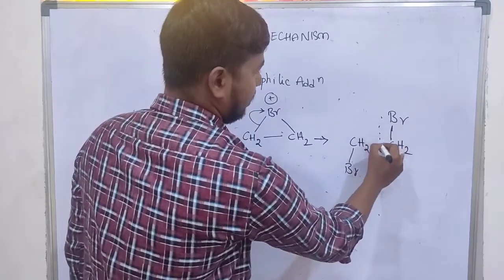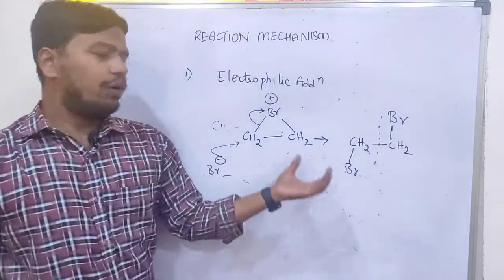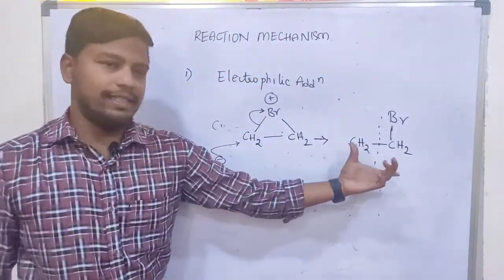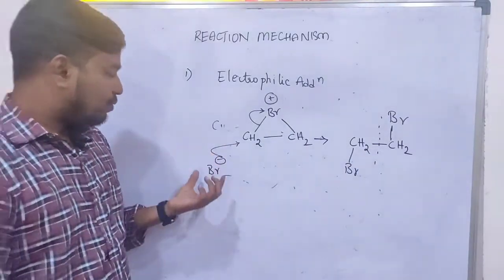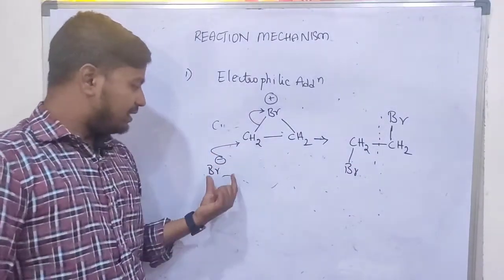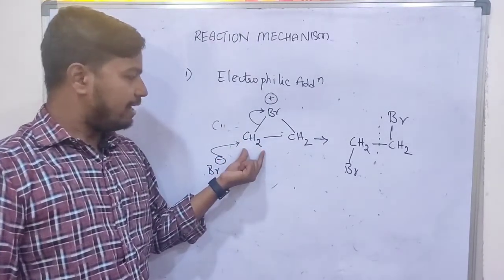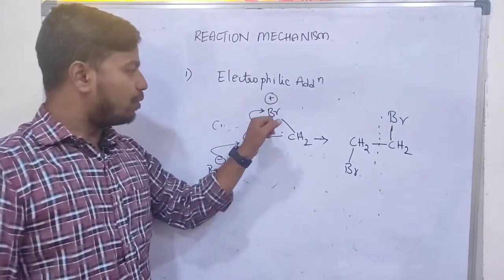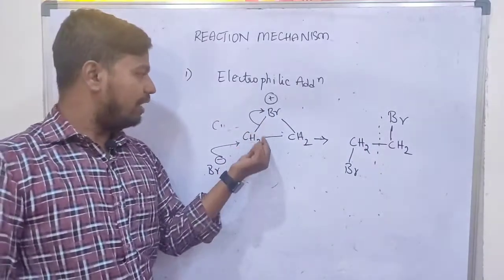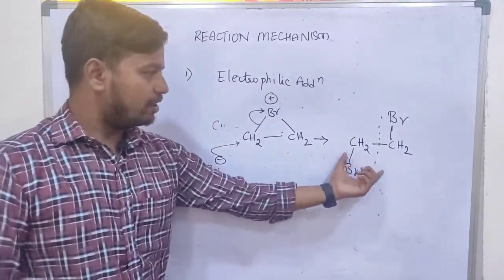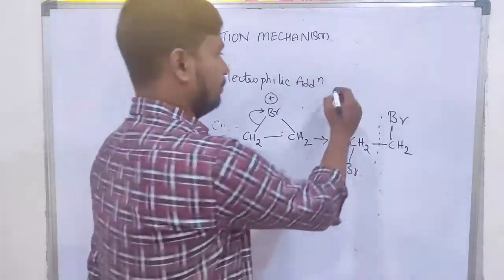It is a symmetrical molecule. Whenever the bromine attacks this carbon atom, the carbon gains a valency of 4 and the bromine atom withdraws the electrons from the bonded pair, resulting in the formation of the dibromoethane molecule.